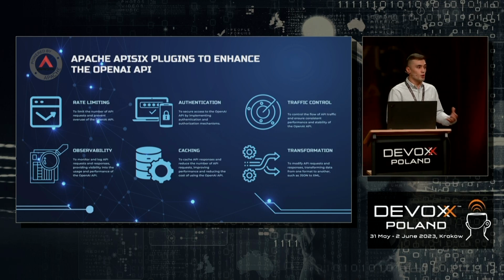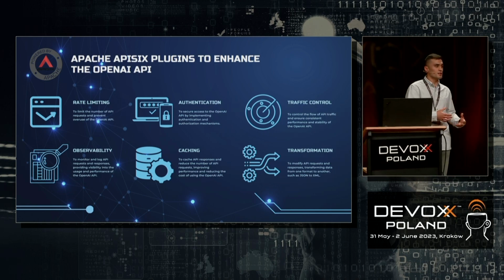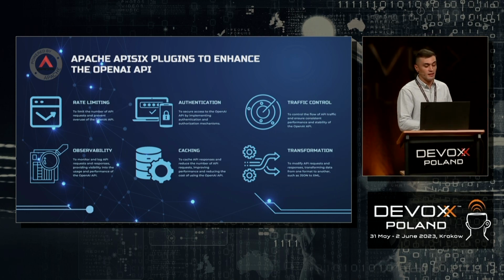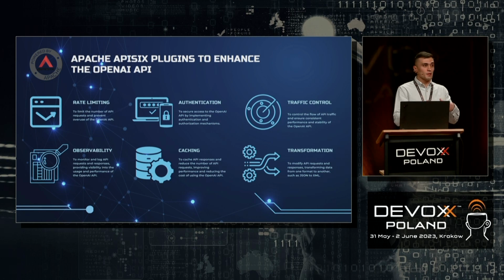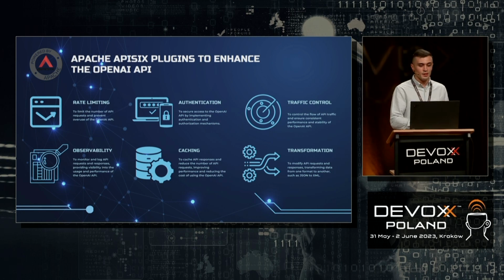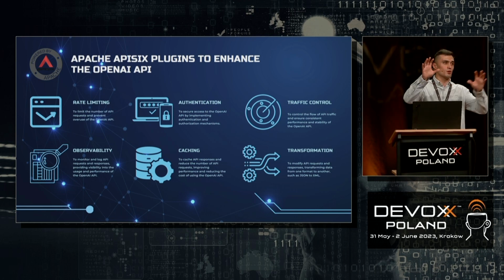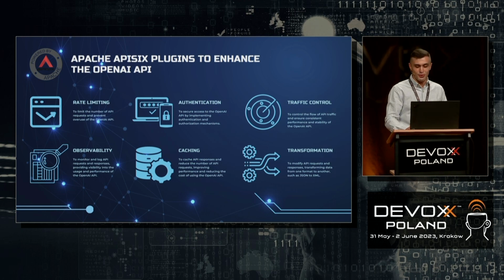And if they want to request more, please buy the paid tier, right? In this case, the rate limiting plugin is quite helpful. You can also use authentication, traffic control, and caching plugins. These are categories of different plugins you can think of, right?